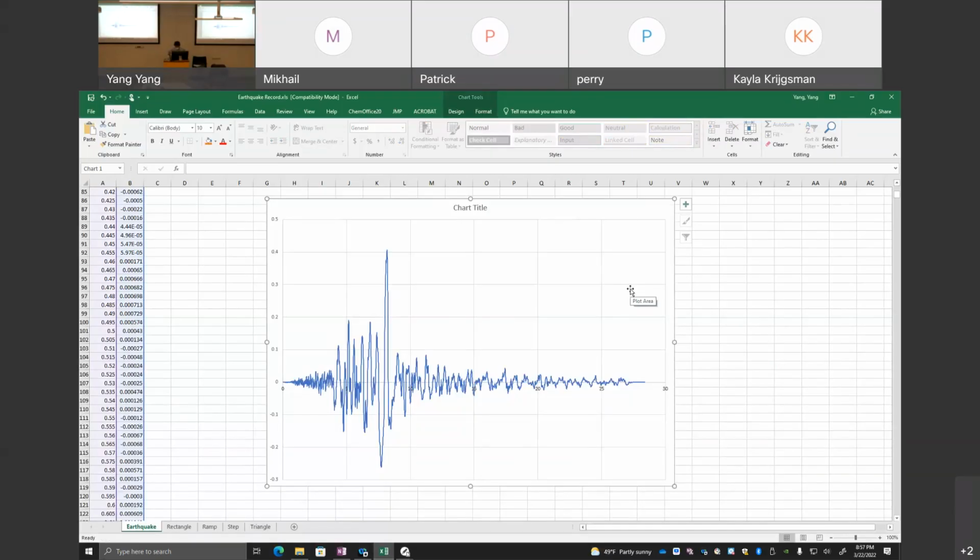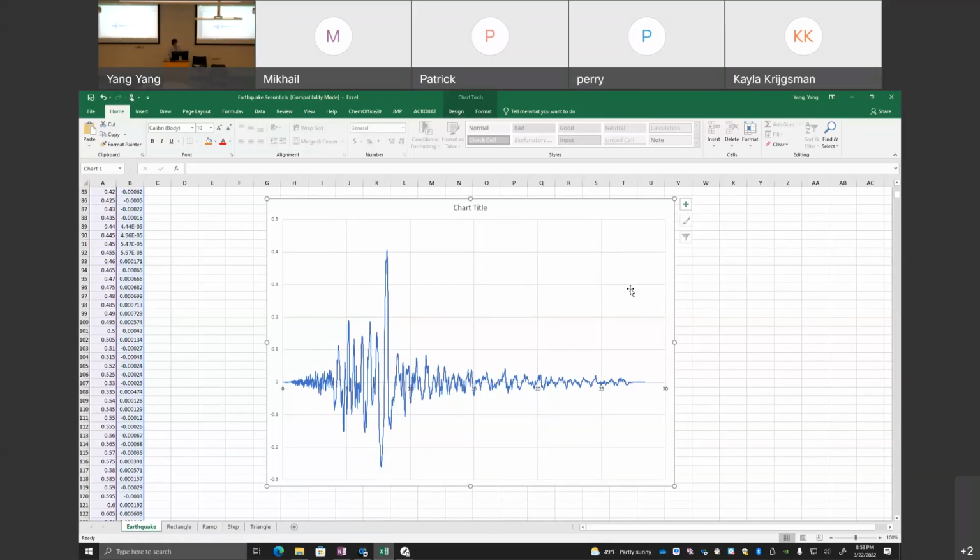Okay, so this is an earthquake record, downloaded from the PEER website, the Pacific Earthquake Engineering Research Center, located at the University of California, Berkeley. I visited the center. It's located in a very small building. I was very surprised that this very famous institution in earthquake engineering research is located in a very small building.